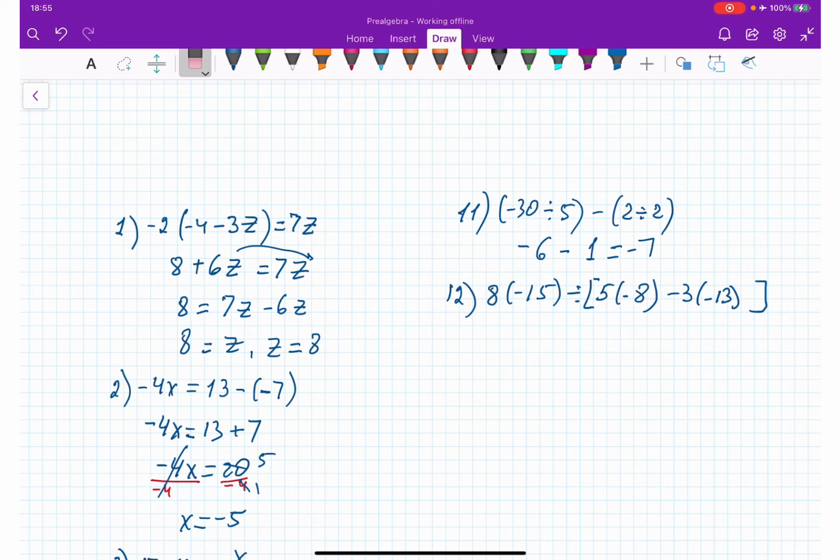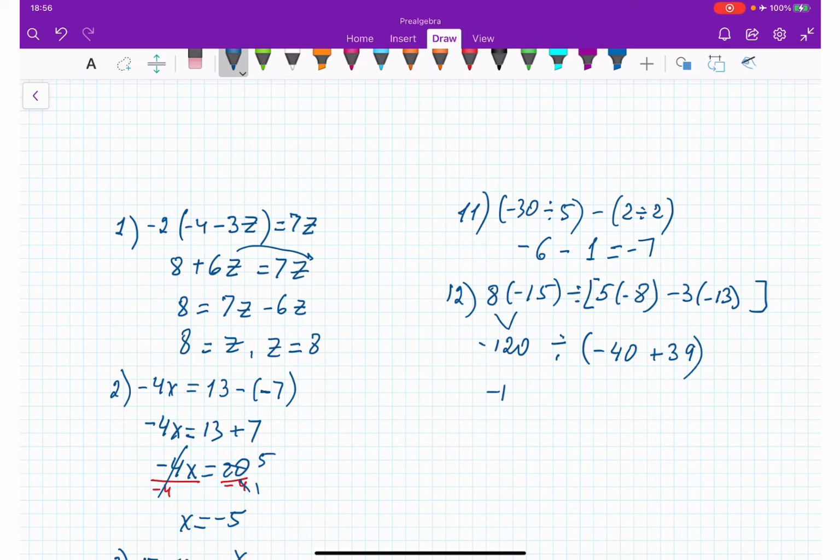Okay, so 8 times negative 15, right? It's going to be negative 120, divided by 5 times negative 8, going to be negative 40, plus 39.